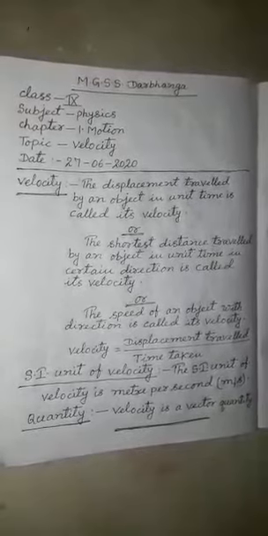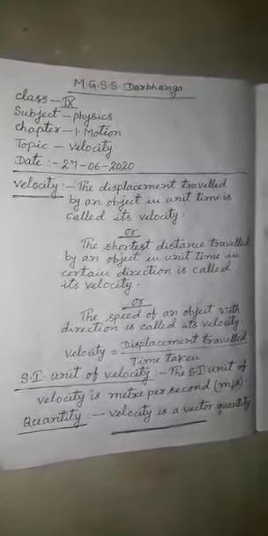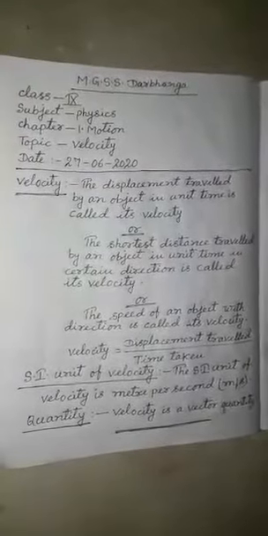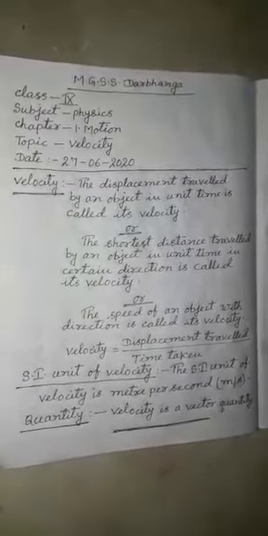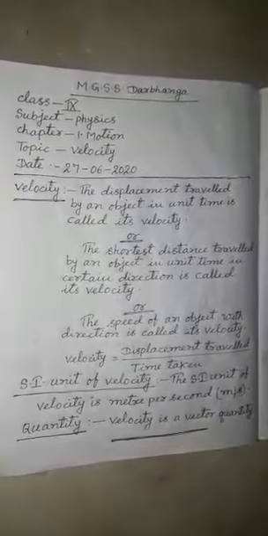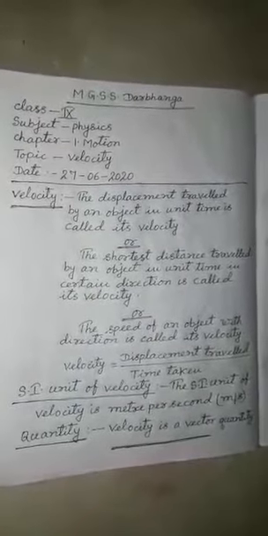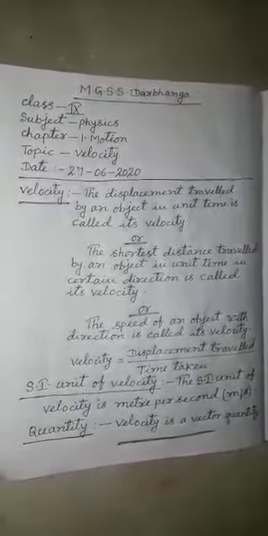Velocity, that is speed with direction. Speed is a scalar quantity, but it is included with direction. Since it has direction, therefore it is a vector quantity. Therefore, velocity is a vector quantity.